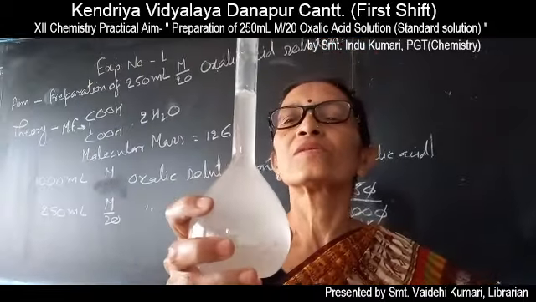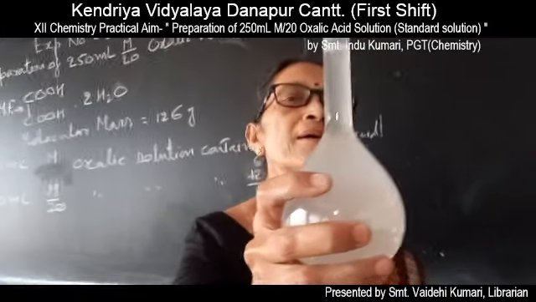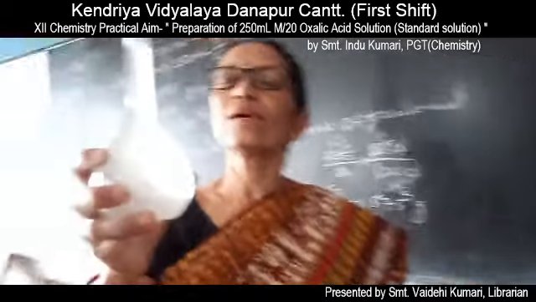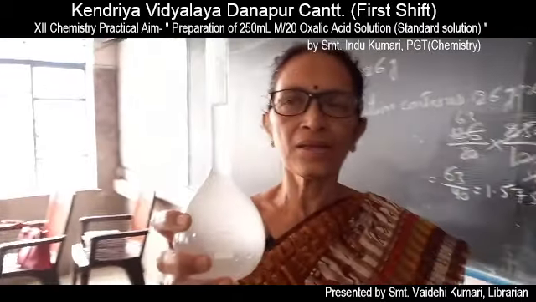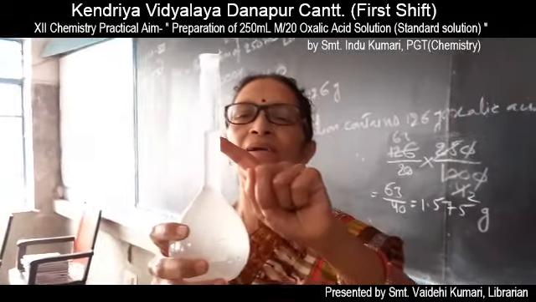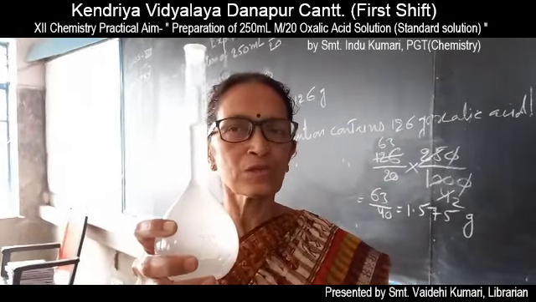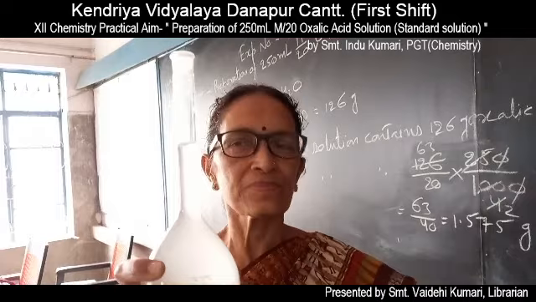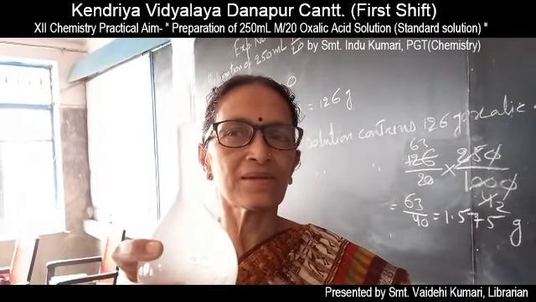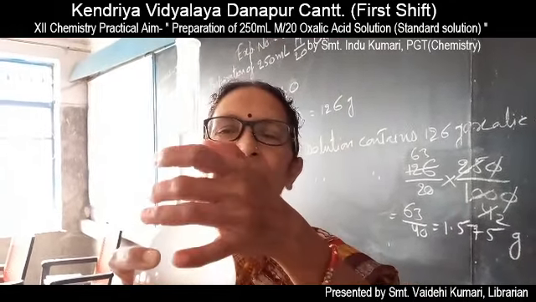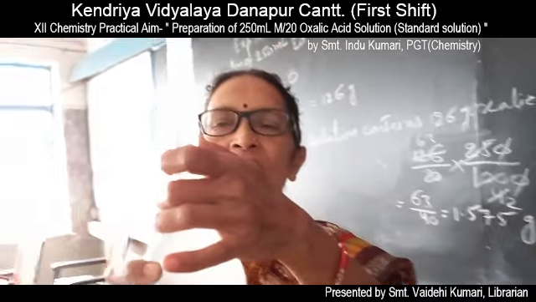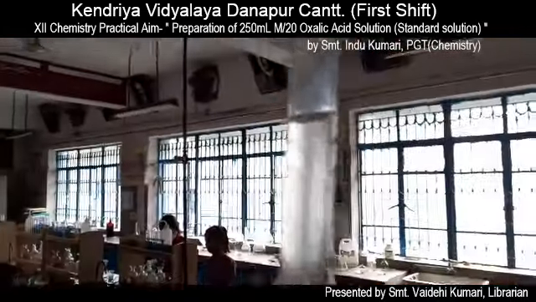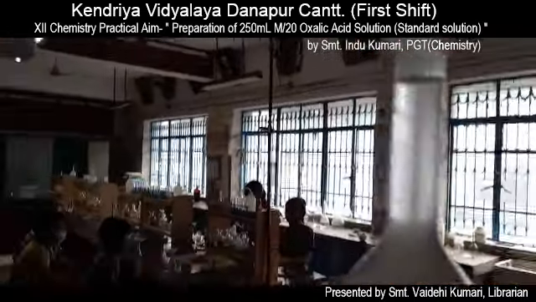For this, the eye should be in line, and the lower meniscus should be in a single straight line and should touch the mark.